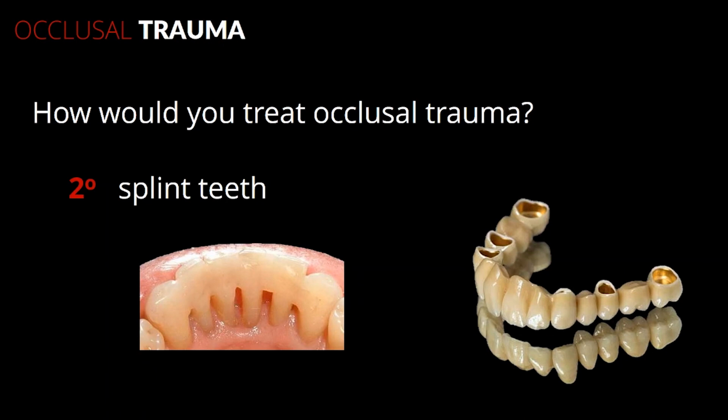All right, so let's talk about how we treat secondary occlusal trauma. We know secondary occlusal trauma occurs when you've lost the periodontal support on the teeth. If you were to tie those teeth together, or splint them, that acts to distribute the force a little more evenly around the teeth that you do have.